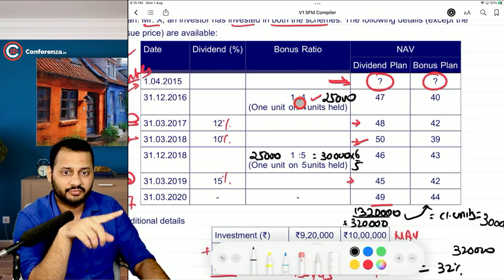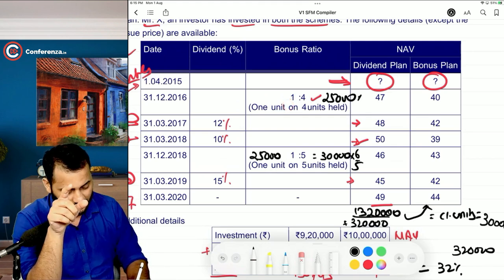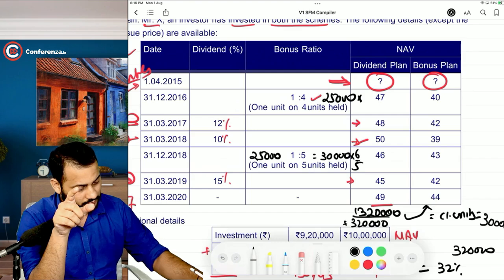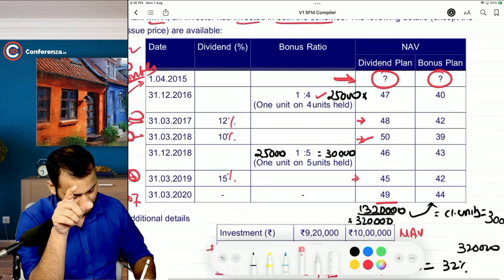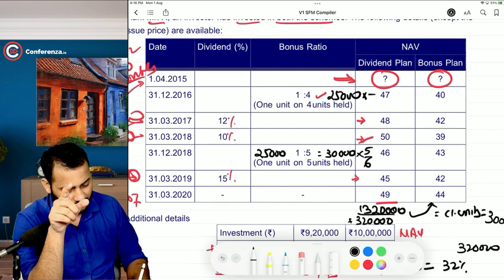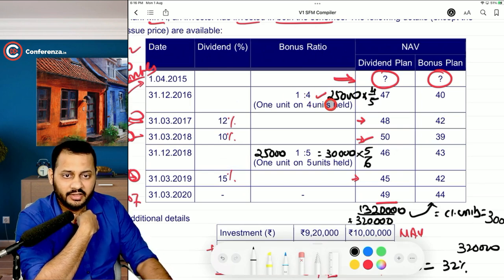And the total issue is 4 earlier. One more bonus. That means multiplied by 5 by 6 multiplied by 4 by 5. Why 5? Because this 25,000 is the units after this one issue.